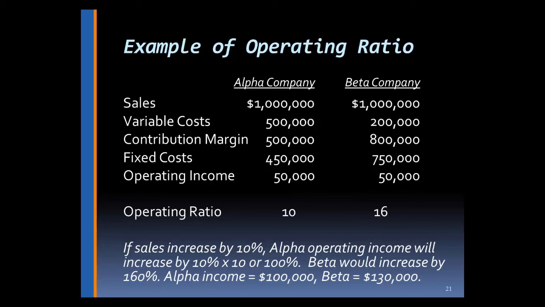And that's why we see as companies get older, they get a higher operating ratio because they have a lower percentage of variable cost to their total costs. But when they grow, they're more profitable. But if they don't grow, then they're going to fall into a loss much more rapidly. Very, very interesting scenario.